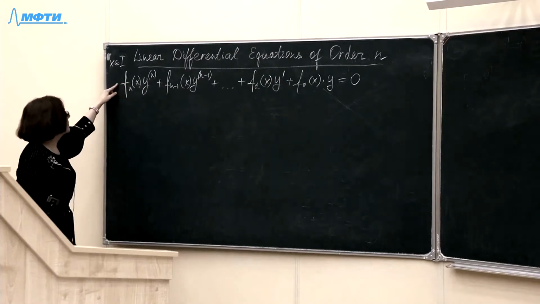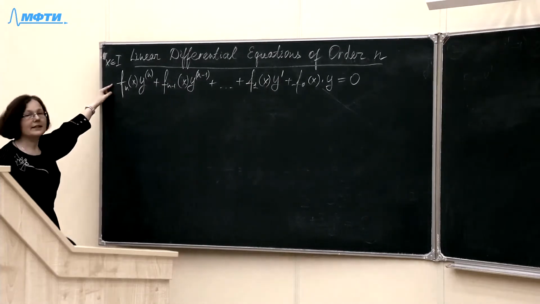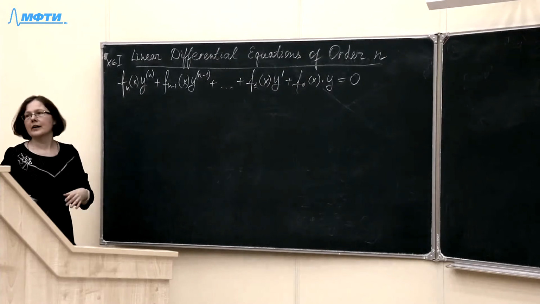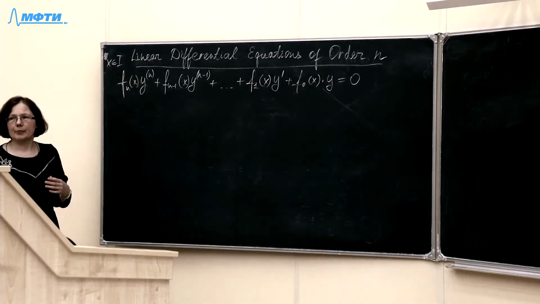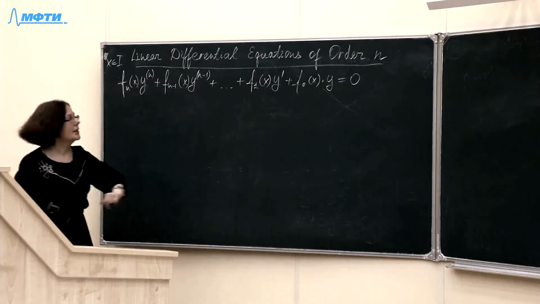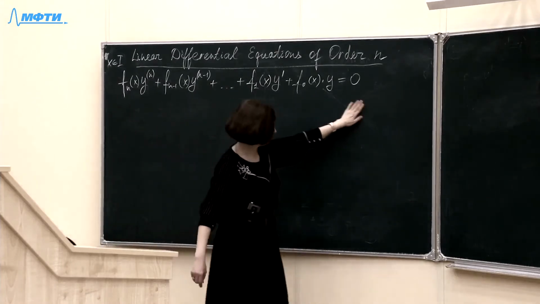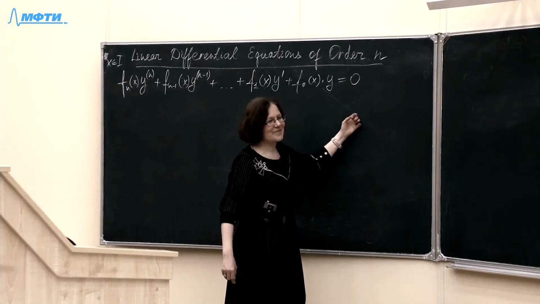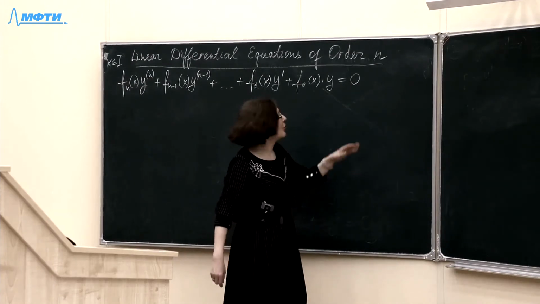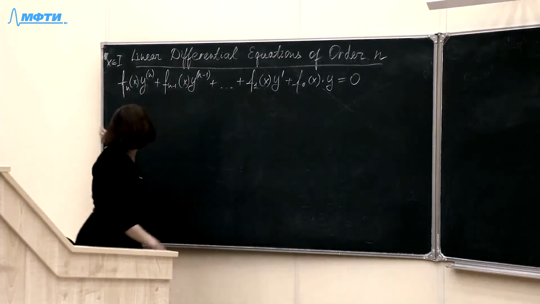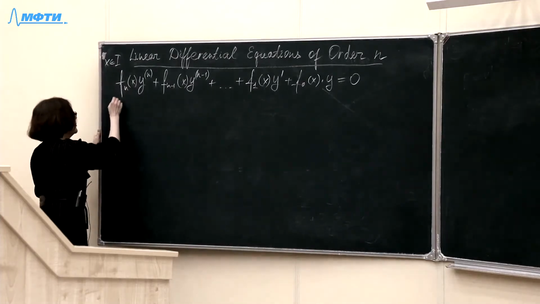So this equation is linear because all the derivatives of y are raised to the power 1, right? And it is homogeneous because the constant term, the function which is not multiplied by y, is equal to 0. Okay, and so we will need statement number 1.